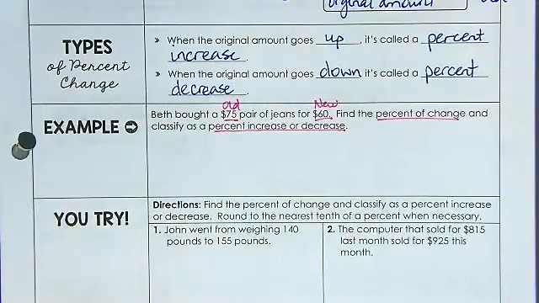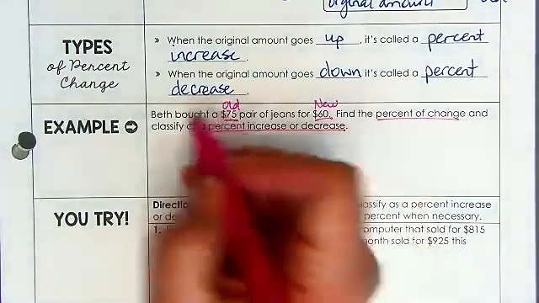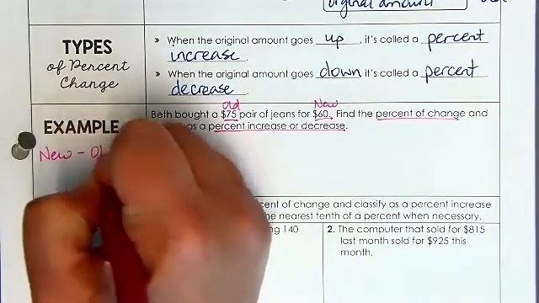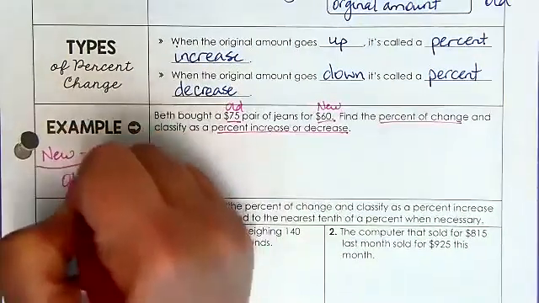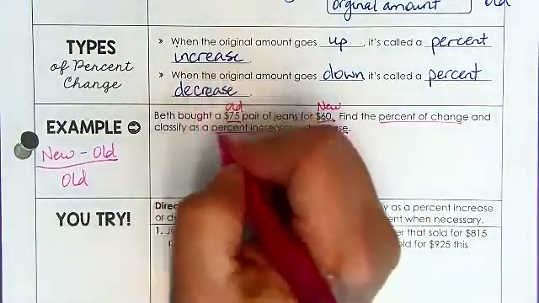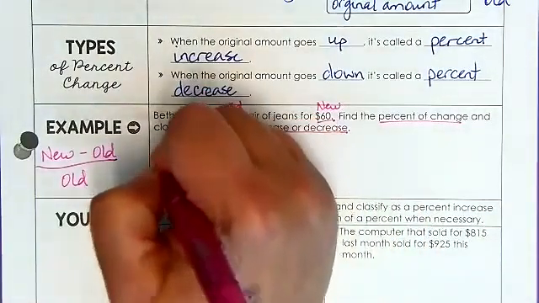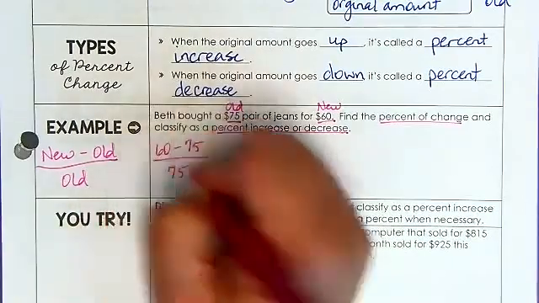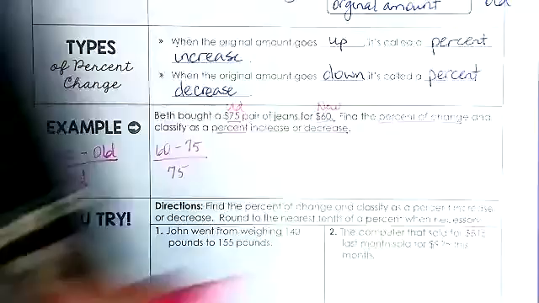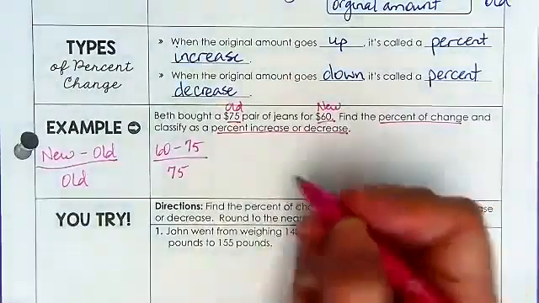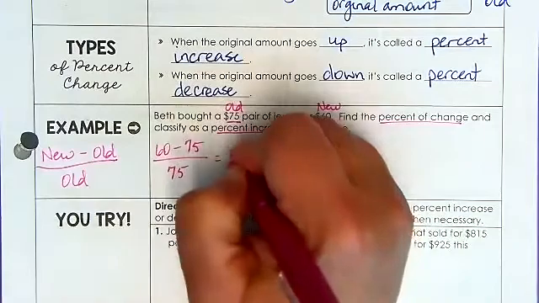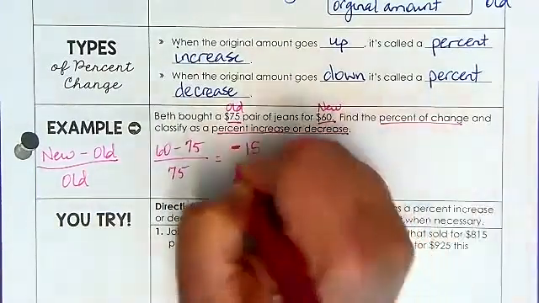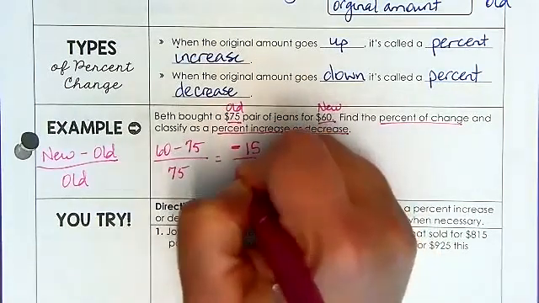So we have to find the change between those. If we follow the new minus old divided by old formula, we're going to do 60 minus 75 divided by 75. And yes, you do get to use a calculator. So 60 minus 75 equals a negative 15 divided by 75.